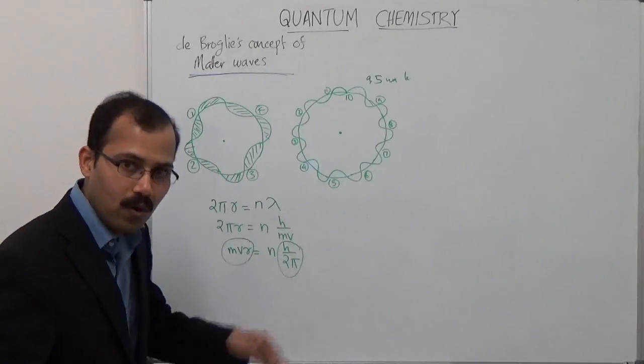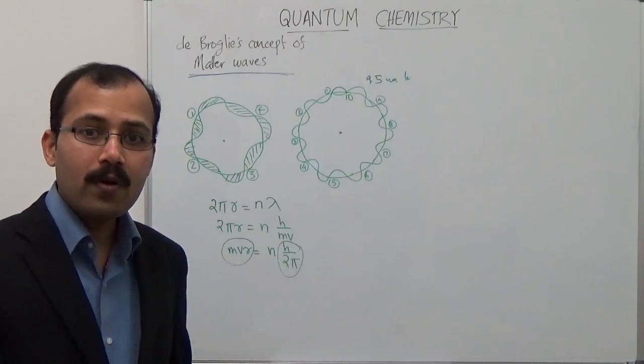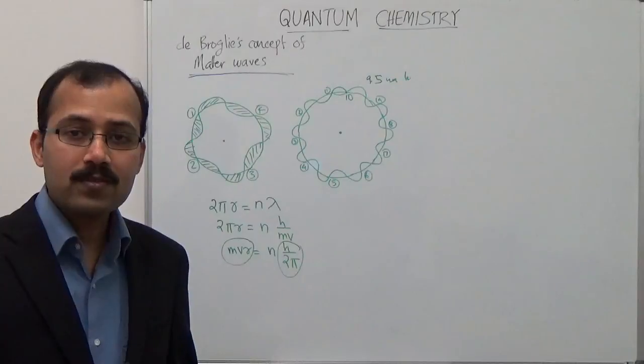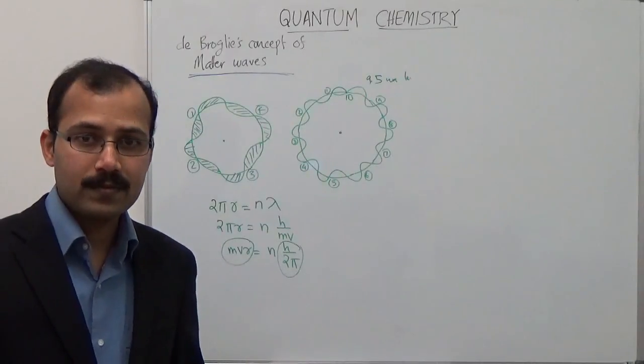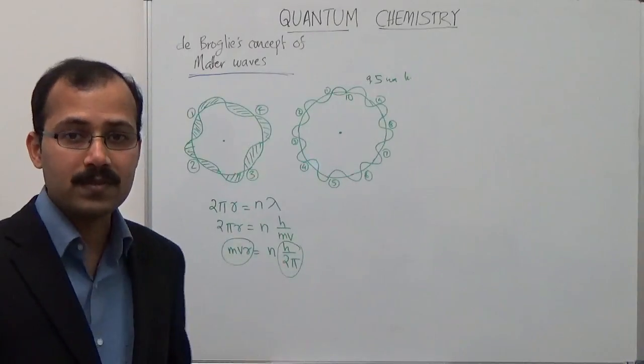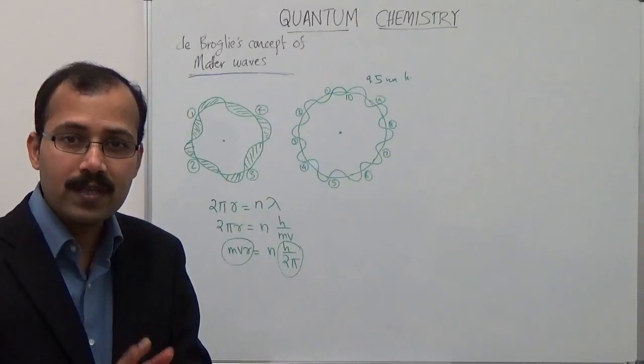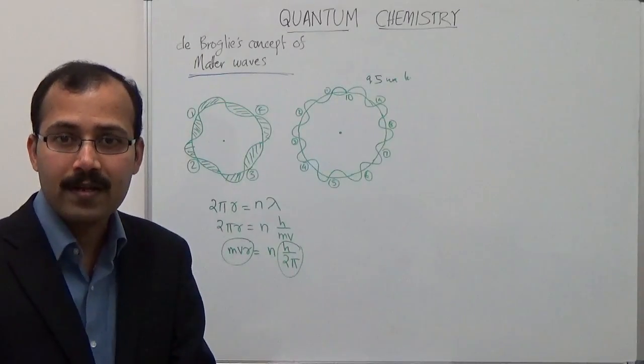It was in 1924 that de Broglie put forward his famous concept of matter waves. And 2 years later, it was proven experimentally by G.P. Thomson. For that, G.P. Thomson directed a beam of electrons at a thin gold metal foil.